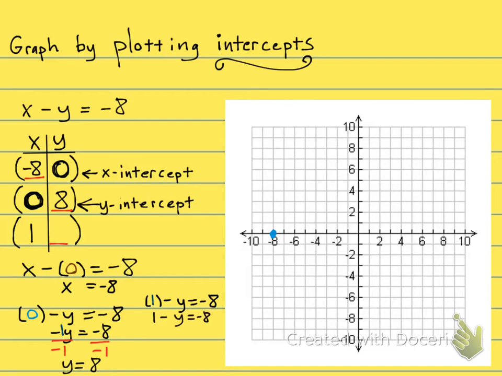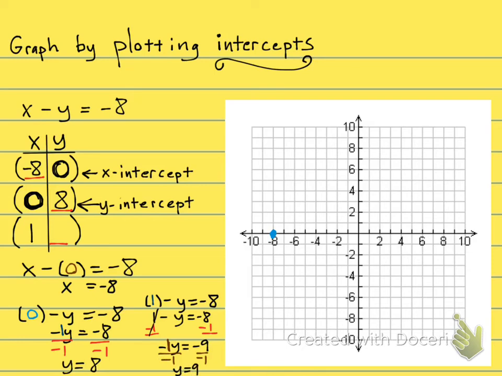Let me subtract this 1 from both sides. So -y equals -9. Divide both sides by that -1. And I'll find out that y is 9.